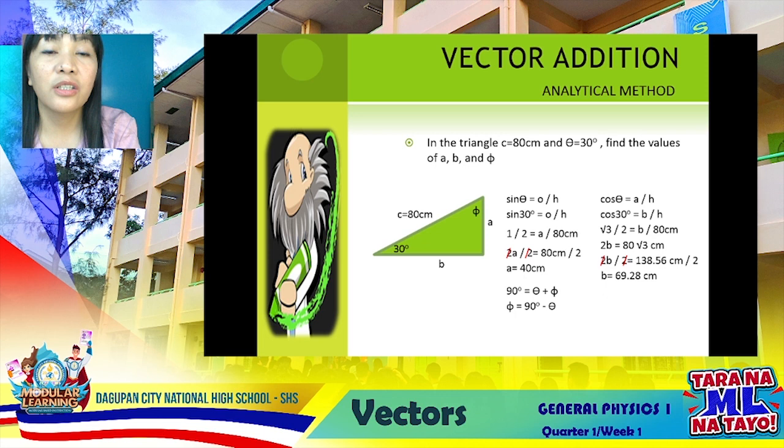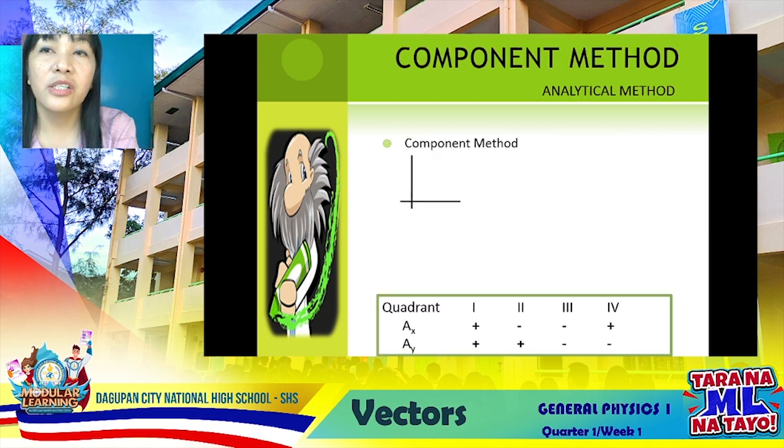Okay, the last method under analytical method is what we call the component method. The component method is a method employed to transform the vector into two parts, with each part being directed along the coordinate axis. There are several steps to be followed in this method.